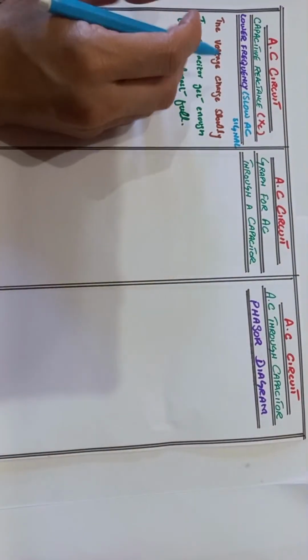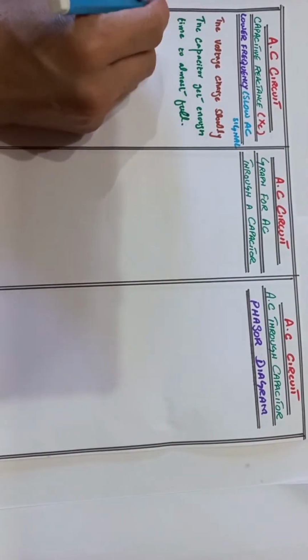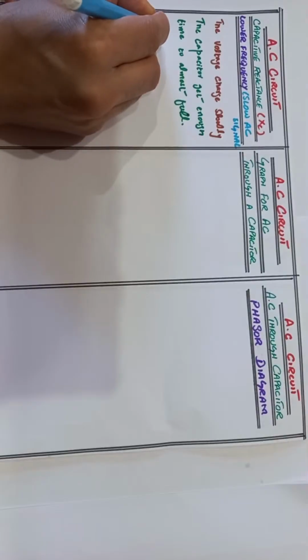Once it is charged, it blocks further current until the cycle is reversed. So when the voltage changes slowly, the capacitor gets enough time to become full. When it is charged, it blocks further current from flowing.